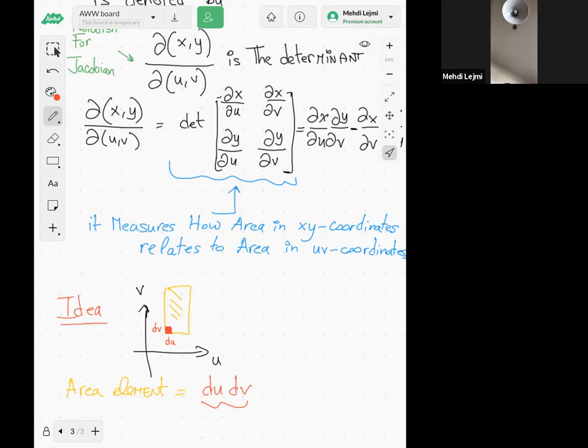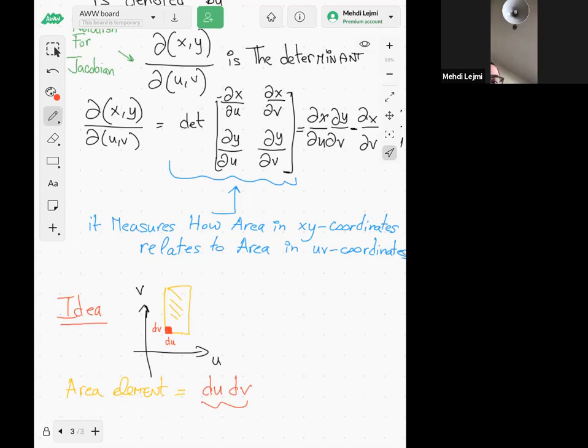Now, with two variables, we are talking about areas, not length. This du dv represents an area element, which is a very small rectangle or a square in your region.